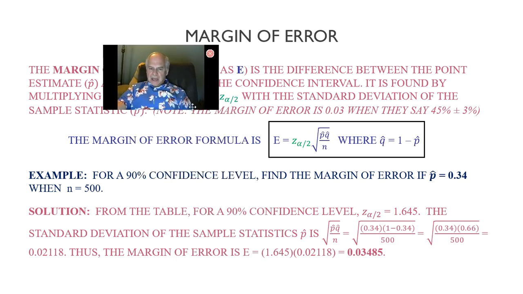So here's an example. For a 90% confidence level, find the margin of error if p hat is 0.34 when n is 500. So your sample size is 500. Now from the table, for a 90% confidence level, our critical value is 1.645. We talked about that table. 1.645 is for 90%.